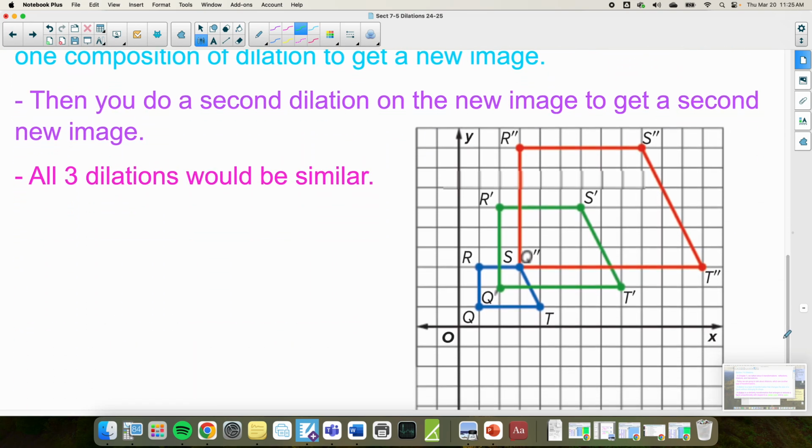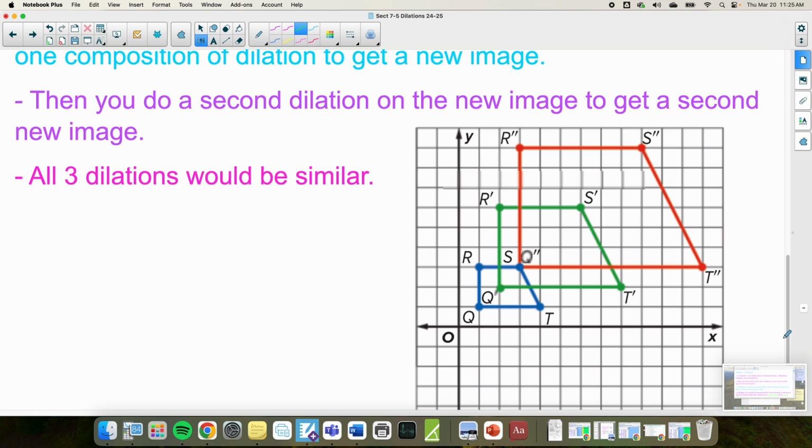Then, the last thing we're going to do is something that has 2 dilations. So you can take your original figure, which is this blue, and in this case, they dilated it by enlarging it twice. But in the examples that we do, we're going to do the first dilation where we enlarge it, and then the second dilation, we're going to shrink it down or reduce it.